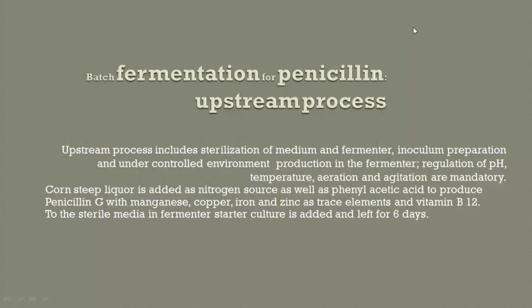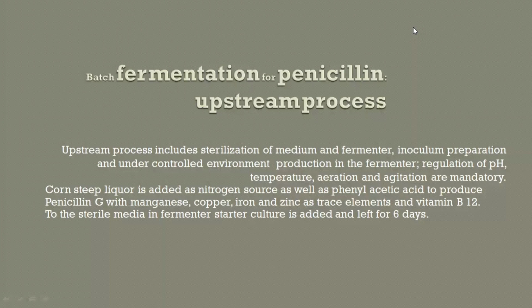Corn steep liquor is added as a nitrogen source, as well as phenylacetic acid to produce penicillin G, with manganese, copper, iron, and zinc as trace elements, and vitamin B12. To the sterile medium in the fermenter, the culture is added and left for 6 days.